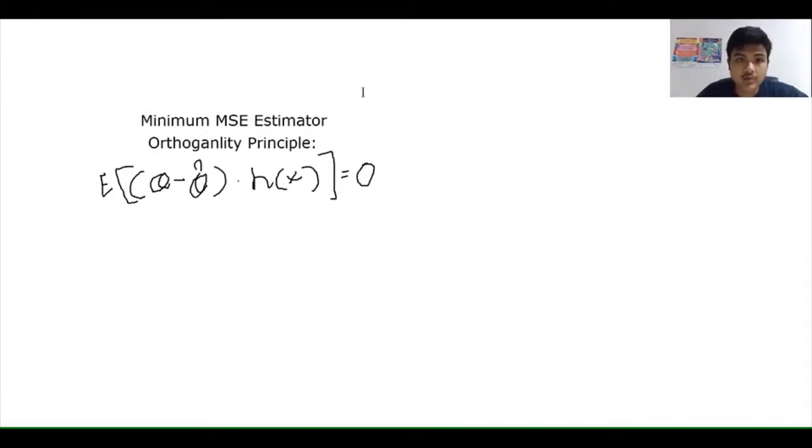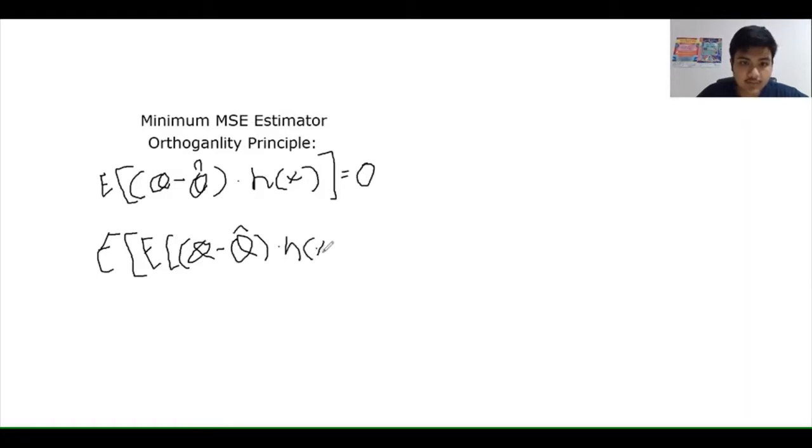So what we're going to do is first write the expectation of the estimation error of the data, times the function h(x) itself, with the estimator x bar. Okay, so this is the first step.